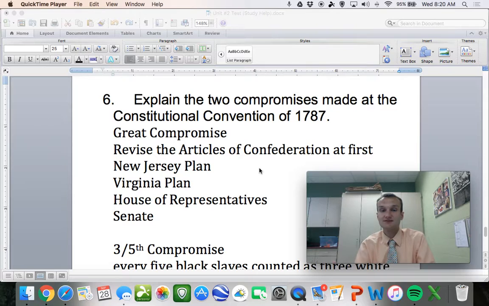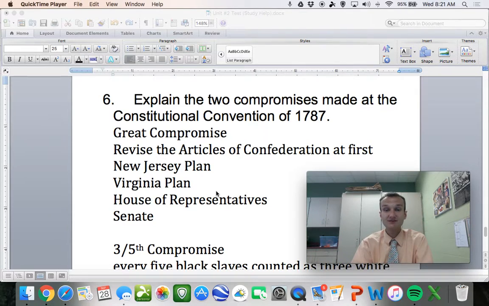Question number 6 asks us to explain the two compromises made at the Constitutional Convention. The first compromise is the Great Compromise. Instead of revising the Articles of Confederation at first, a compromise was made between two plans, one coming from the state of New Jersey, one from the state of Virginia.